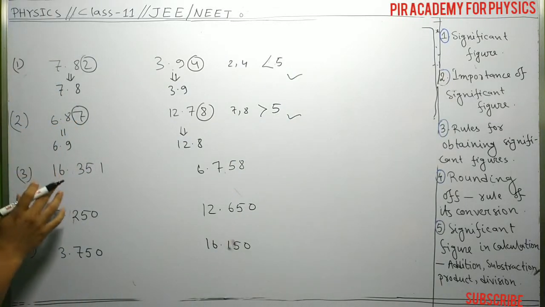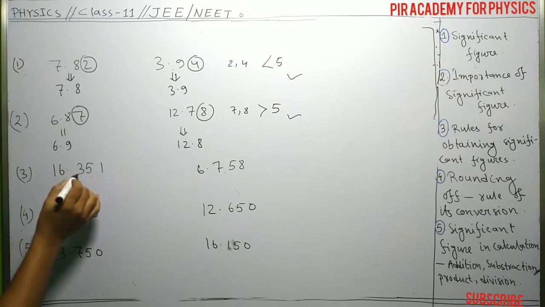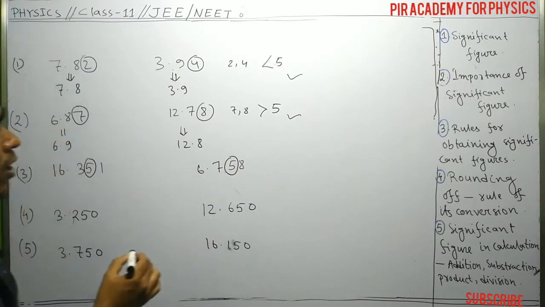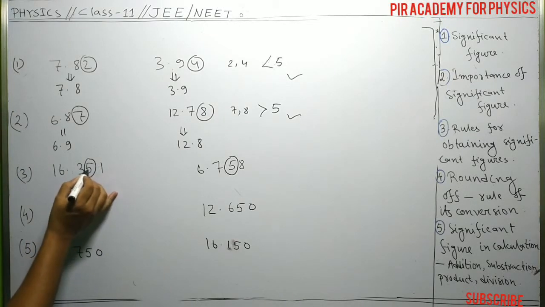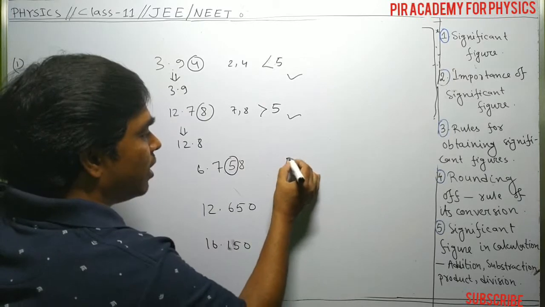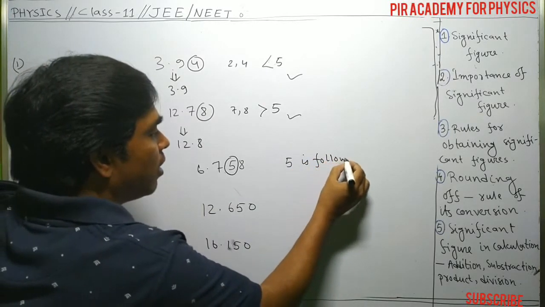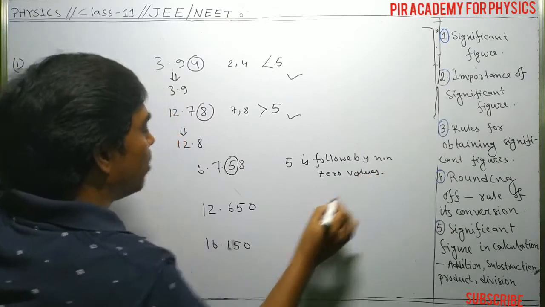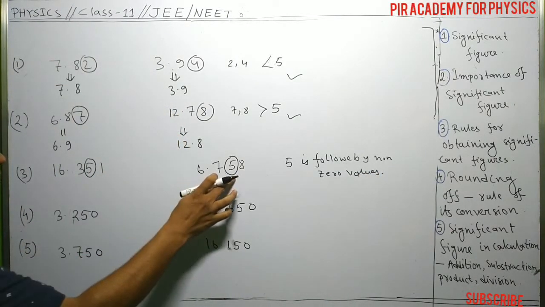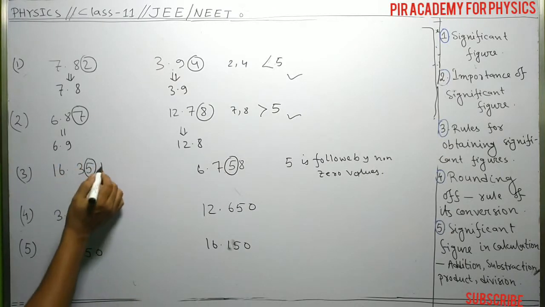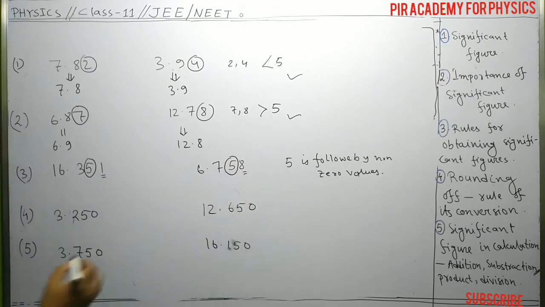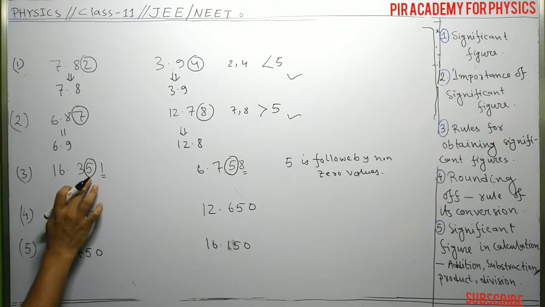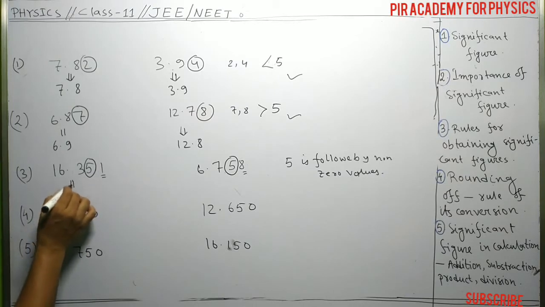If you want to drop this 5, but this 5 is followed by a non-zero value, here 1, and here also 8, which are non-zero values, then if you omit this 5, the preceding number will be increased by 1.